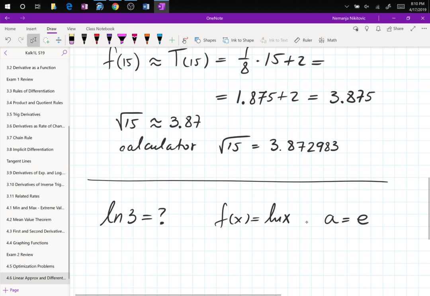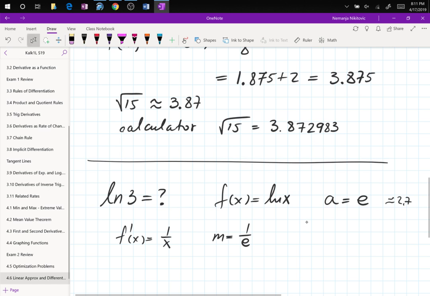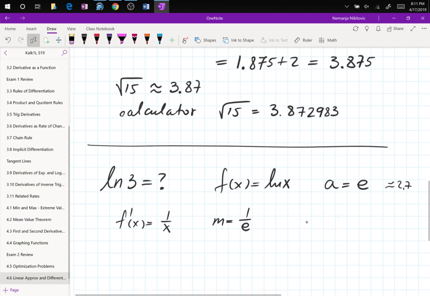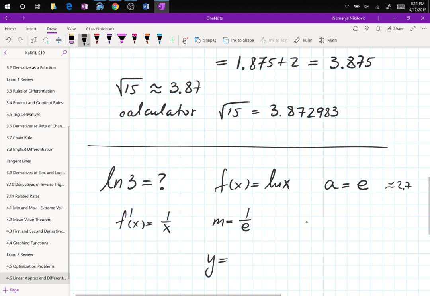So, these are the specs, right? We want e, because e is about 2.7. So, that's close enough to 3. And we're just going to find the tangent line at e. So, the first derivative is 1 over x, right? So slope is going to be 1 over e, because we are calculating at e. And then the y value is going to be ln of e, which is 1.